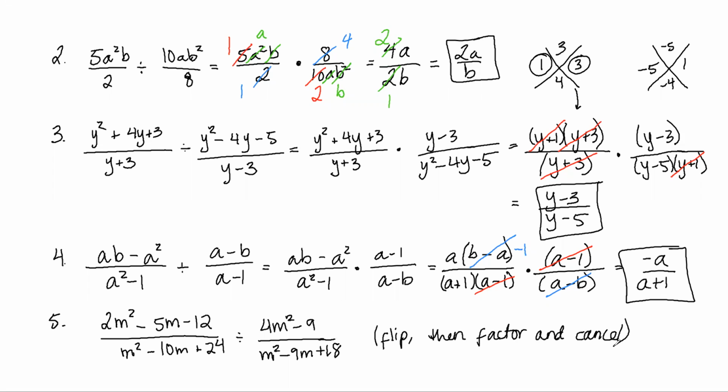The only thing that might look a little trickier on this one is this one on the top of the first fraction is a trinomial that has a number in the front. So this is one where you're going to need to split the middle term. We saw one like this in 7.1, or you can look at examples in the chapter 6 videos if you want to look back at those.